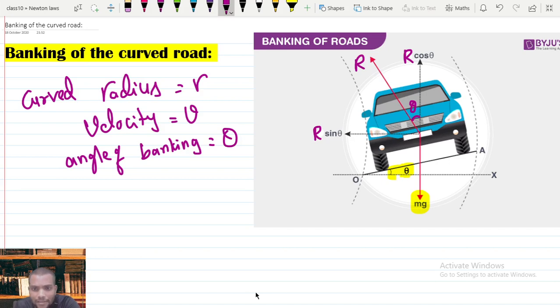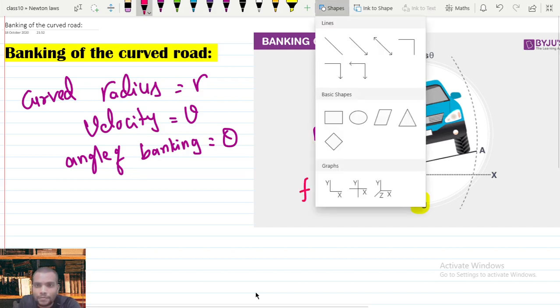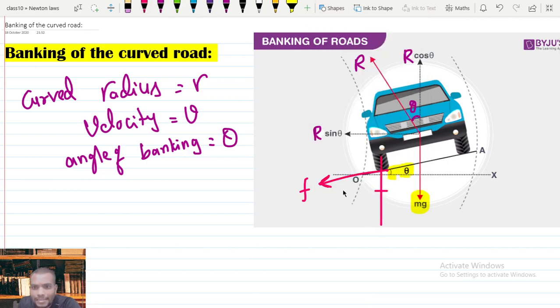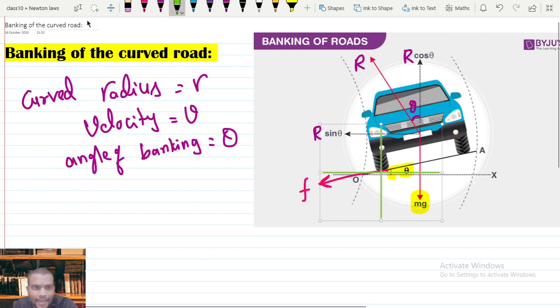Apart from that, if you look at the friction at the tire, which is very important to understand, the friction force F is also making an angle theta with the coordinate axis.